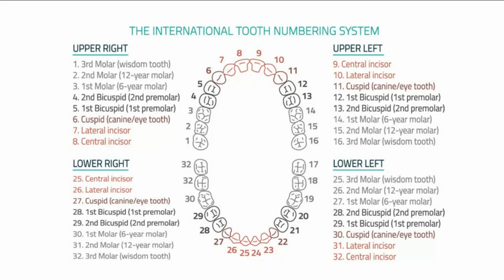But practically speaking, you will hear your clinical instructors or professors not referring to the tooth by its full name. They will give it a number. They will tell you today we're working on number 30. That's it, number 30. It's easier to say that than the upper right first premolar.